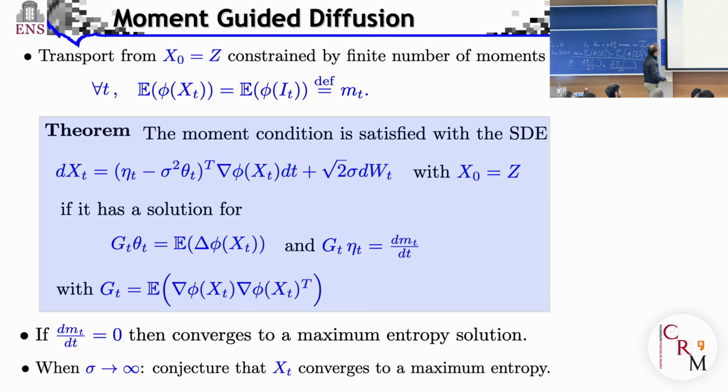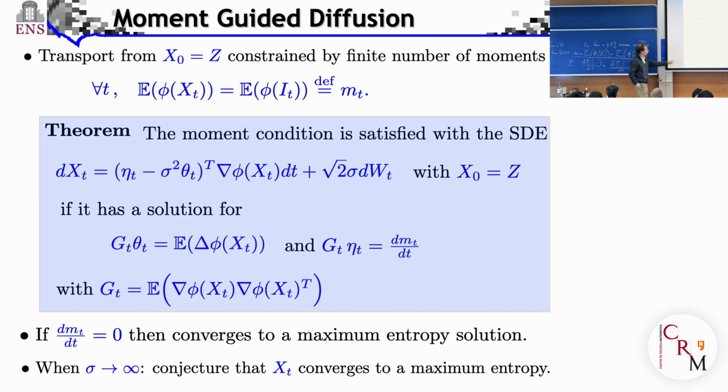Now, there are 2 cases where you can control the mathematics of this problem. The first case is when you begin from the right moments. In other words, x0 already has the same moments as x.